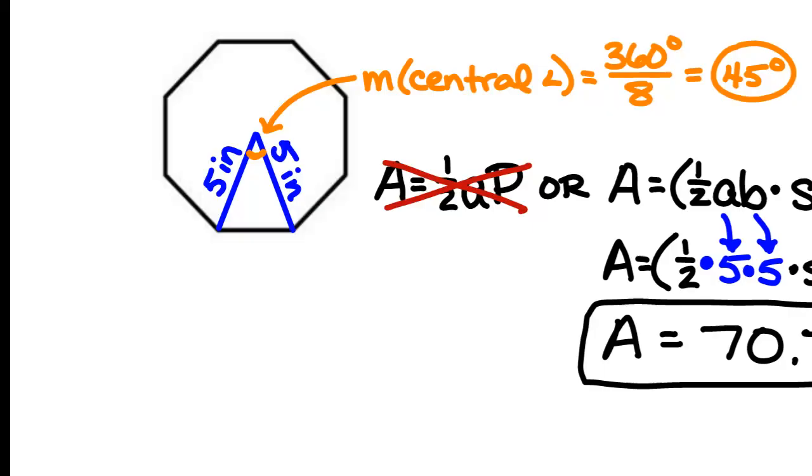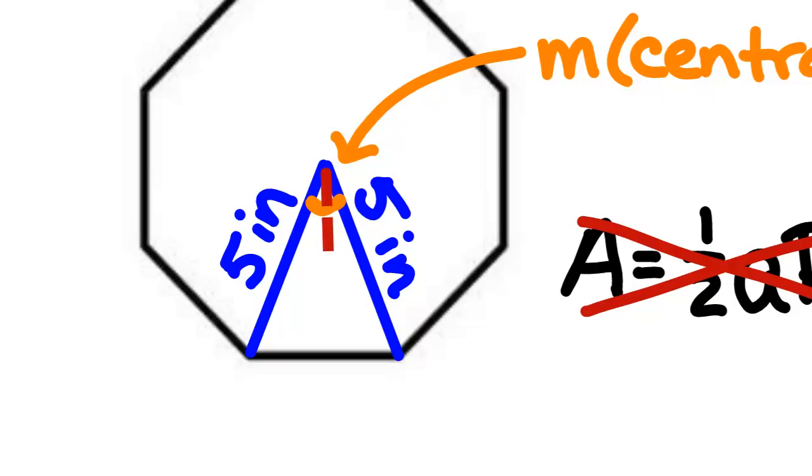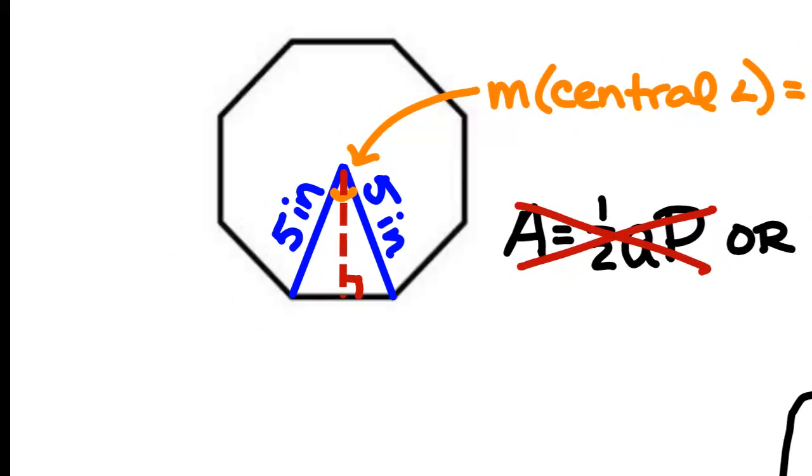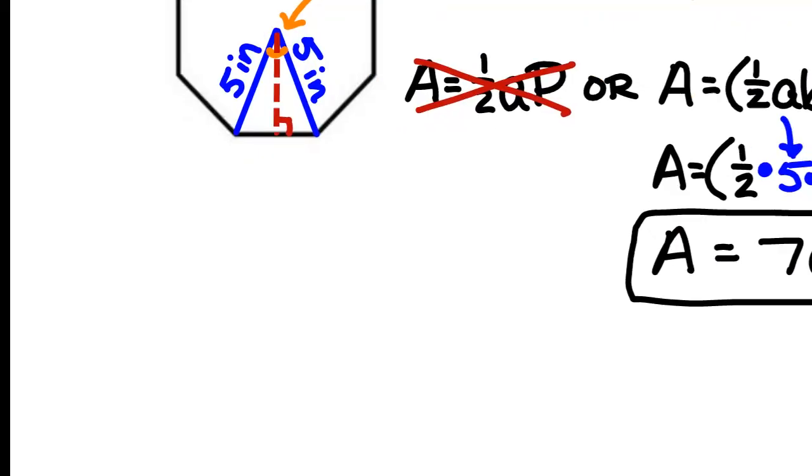In order to find the perimeter, the first thing I'm going to do is up on my picture, I'm going to draw in the apothem. We're not going to find the apothem, but the apothem makes a right angle with the side of my octagon. So I'm going to redraw that triangle that I just have inside there.